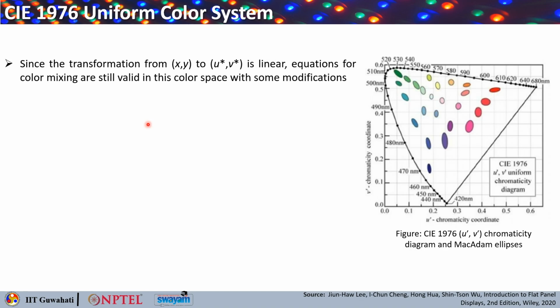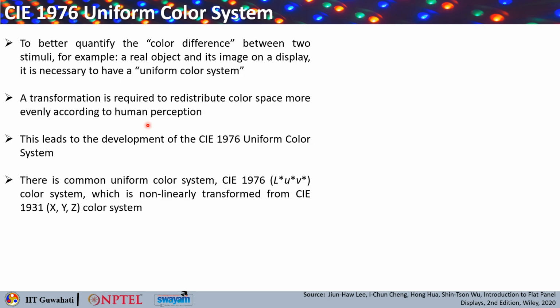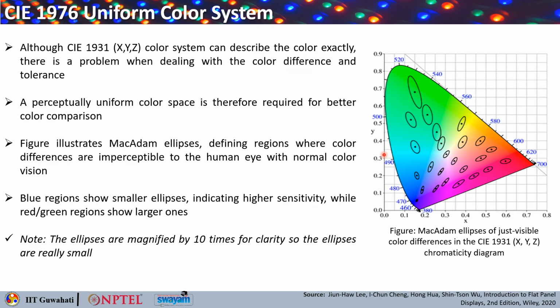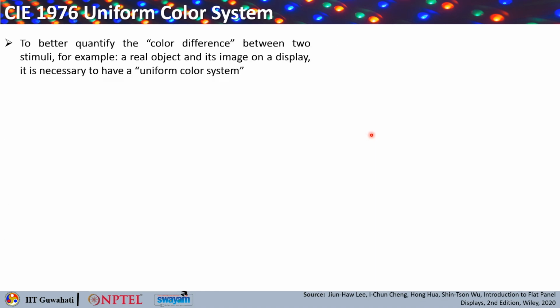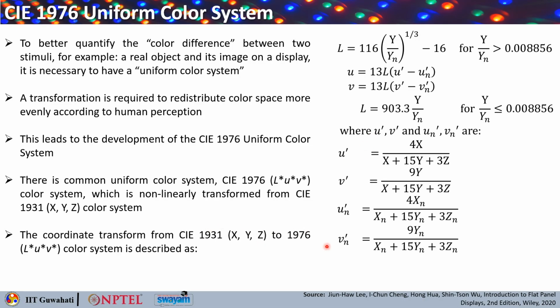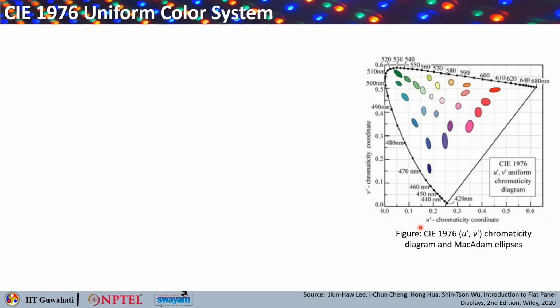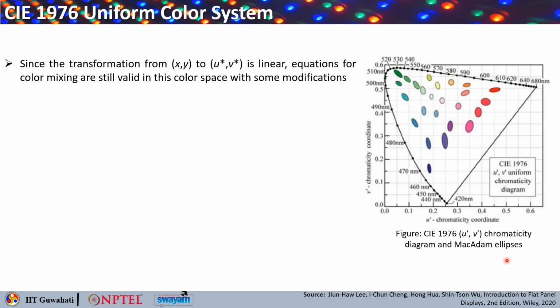Now, since the transformation that you have done, so trichromatic space, if you see in the 1931 system, this is small x and small y. So you are moving from small x and small y to u and v, or u prime and v prime. This is how the CIE 1976 u prime v prime chromaticity diagram looks, and here also you have McAdam ellipses.